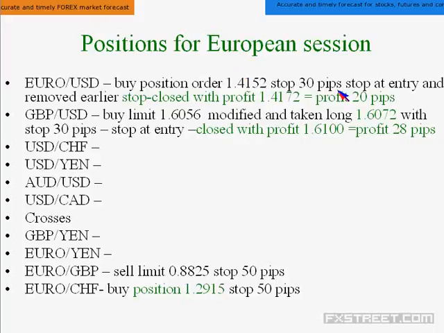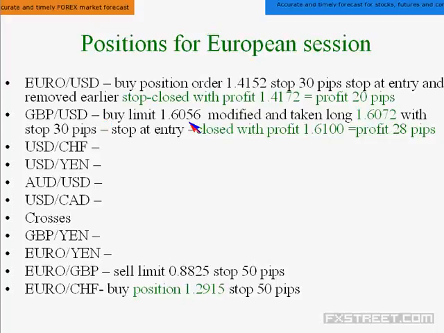Then I kept a 30 pip stop, and when they went to about 1.4176, 1.4178, I moved the stop to entry and removed the stop 30 pips below. Subsequently I found it was not going still higher. Then I closed it before the GDP data release, because any data release could cause volatile moves. It is better to close positions before that when a profit is seen, or use a trailing stop. So I closed it around 1.4172 with 20 pips profit.